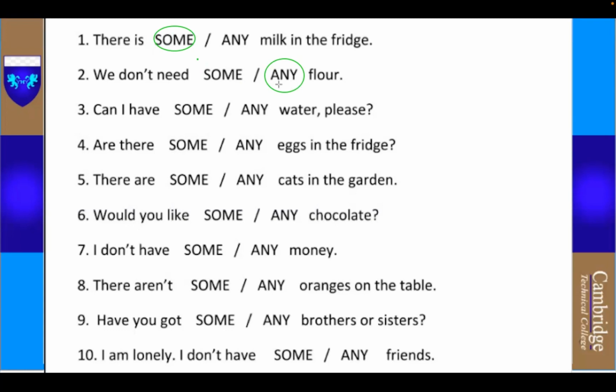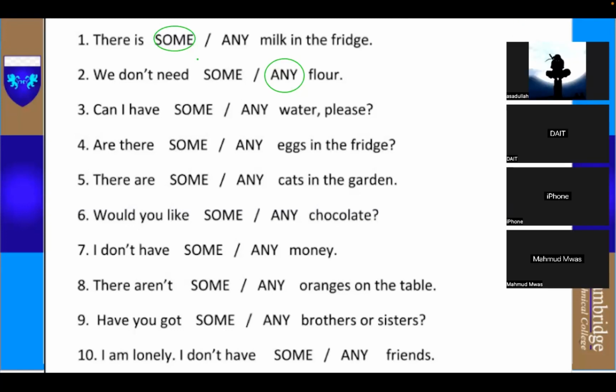Number 3, can I have some water, please, or can I have any water, please? Yeah, one by one, guys. Each one take turns to answer the questions. Any water. Why?